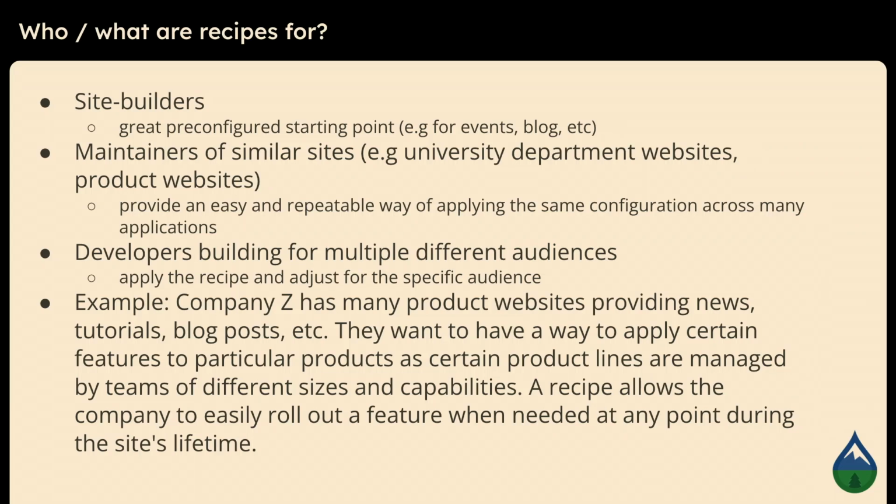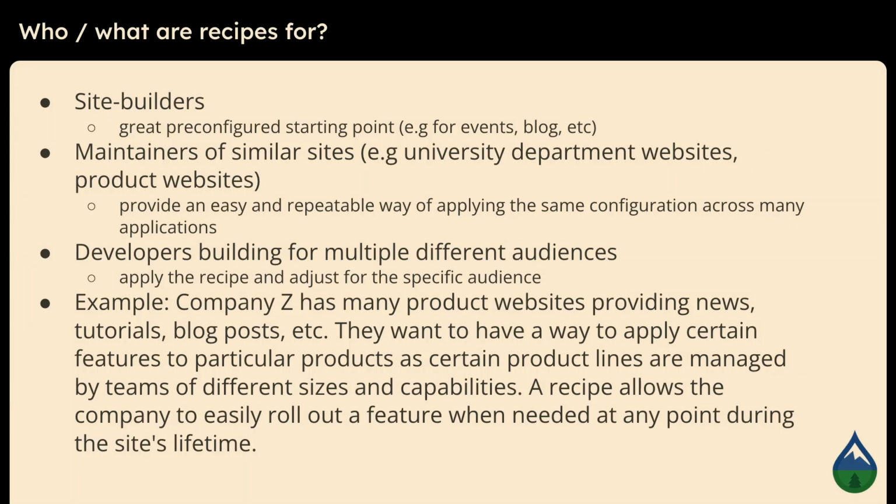Once you apply it, it's yours, you own it, basically. So if we're also building for different audiences, but the key feature is the same, we can still apply the same recipe and just make it our own. Okay.